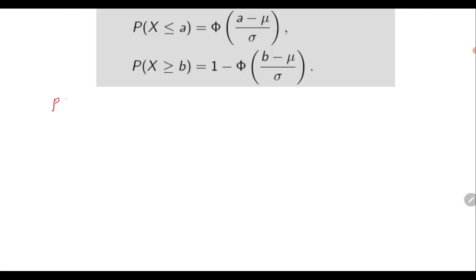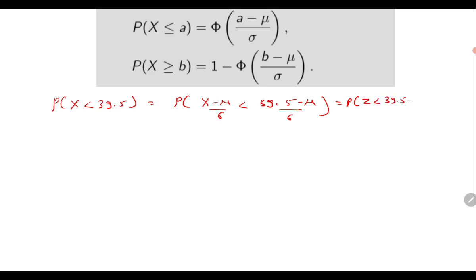So when we say probability of x less than 39.5, this can be written as x minus mu by sigma is less than 39.5 minus mu by sigma, which is probability of z less than 39.5 minus mu by sigma, and which is equal to 0.05.